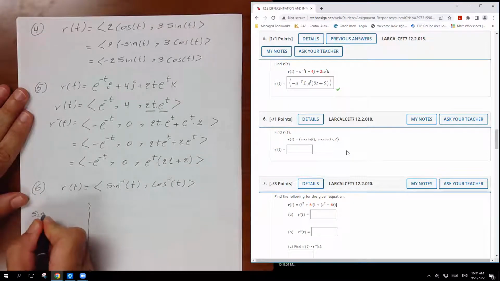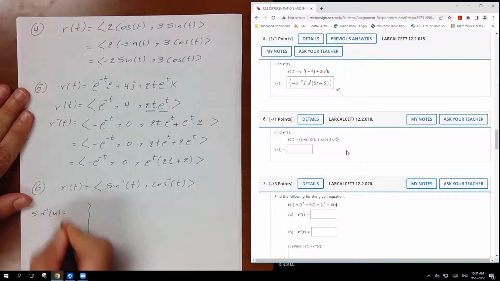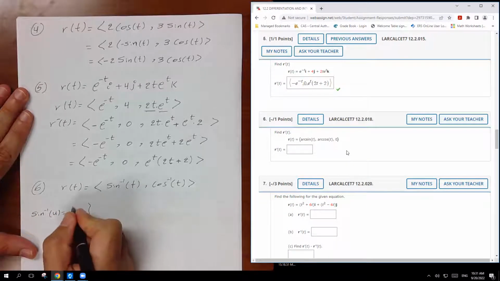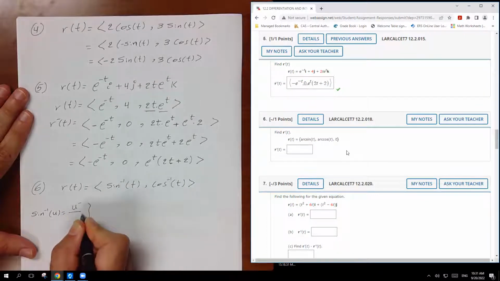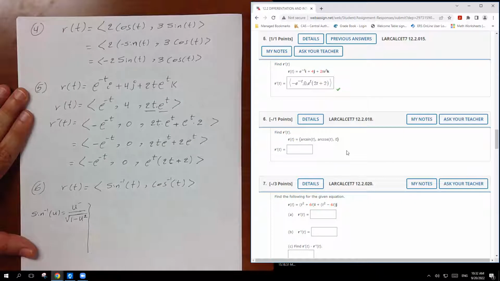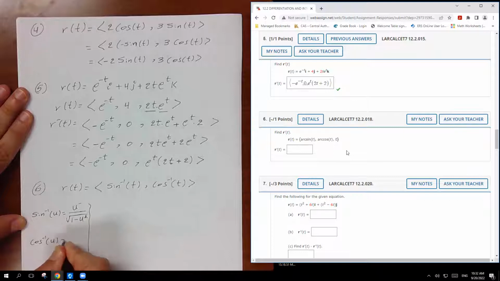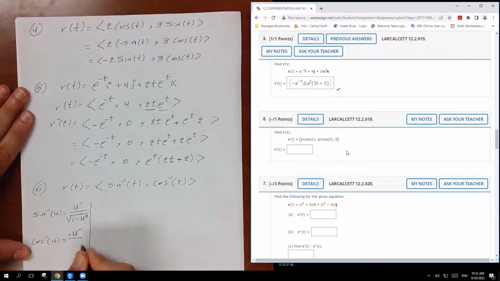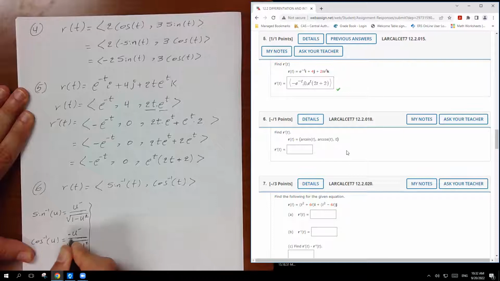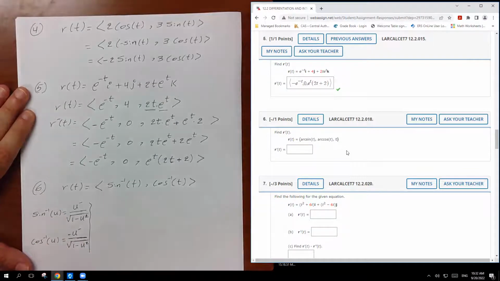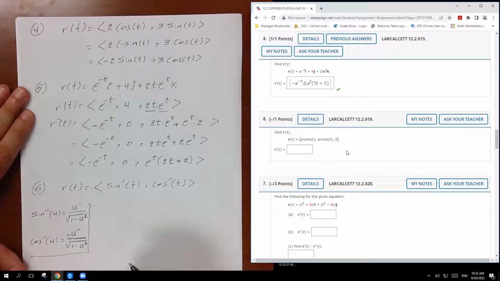If you remember, the derivative of sine inverse of u is u prime over square root of 1 minus u squared. This is for the sine inverse. The derivative of cosine inverse of u is negative u prime over square root of 1 minus u squared. So these two rules we can use for the sine and cosine.